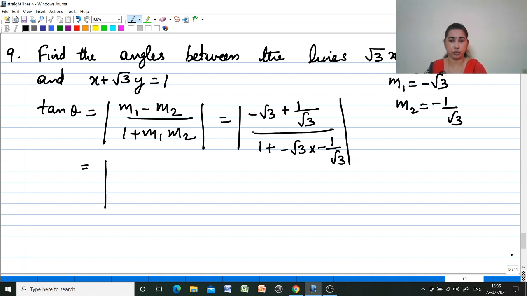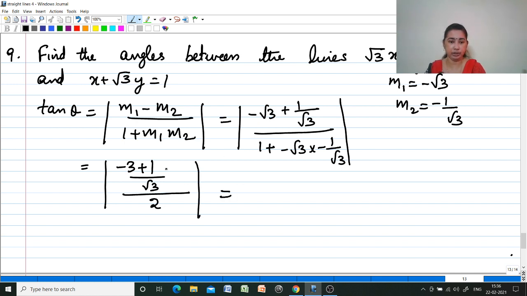That is modulus, cross multiplying, minus 3 plus 1 by root 3 divided by 1 minus minus root 3 into minus 1 by root 3, simplifying this we are getting 1 plus 1, 2.